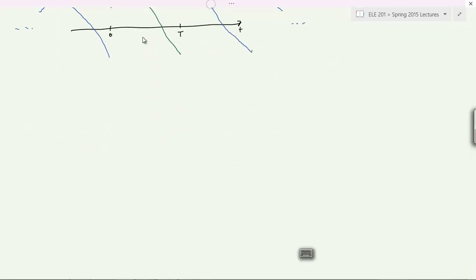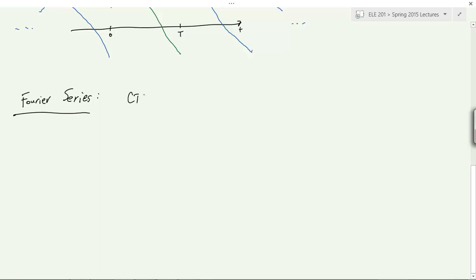So let's get back to Fourier series now. And we have a continuous time Fourier series, which we've already given the equations for.